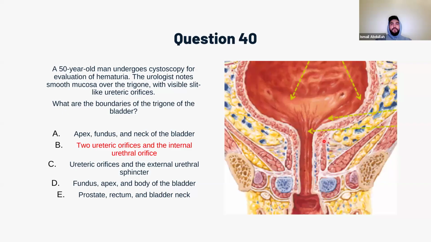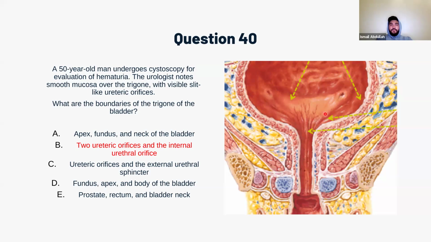Yes, it's going to be. So as you can see, this is the trigone. This is the bladder, and they do a cystoscopy to check inside. And this is where the ureter opens up into the bladder, right and left ureteric orifices. This is the internal urethral sphincter right here.